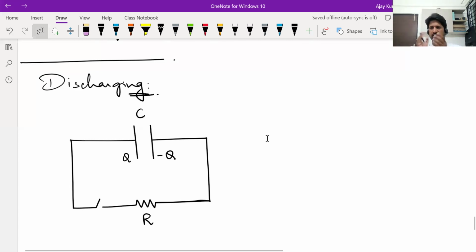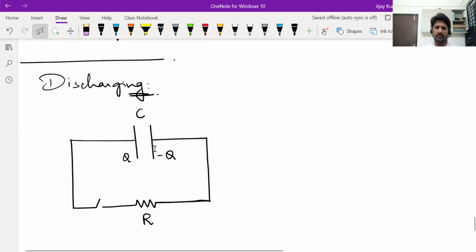If you connect them, the opposite charges will combine till the charge on each plate becomes 0. The potential difference has to disappear. Both plates should become neutral because net charge is 0. But because there is a resistance, it doesn't allow the charge to move completely freely. It takes some time for the positive charge to combine with the negative charge and become neutral, because there is some resistance.